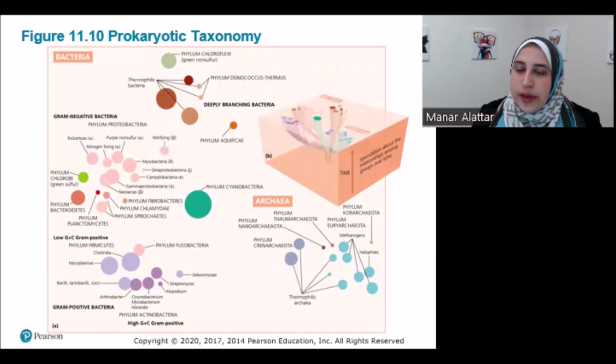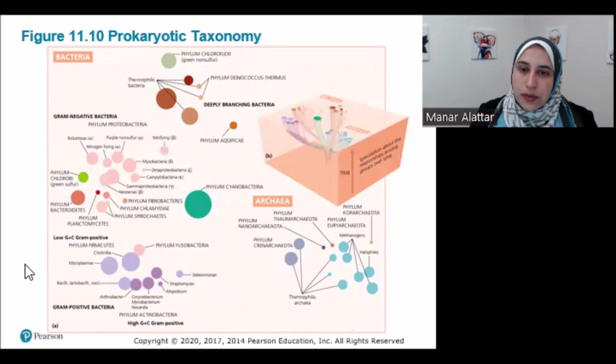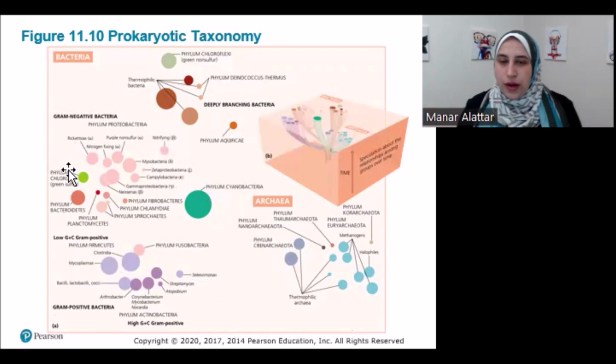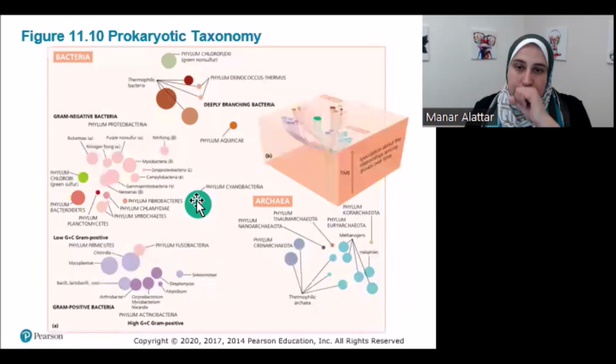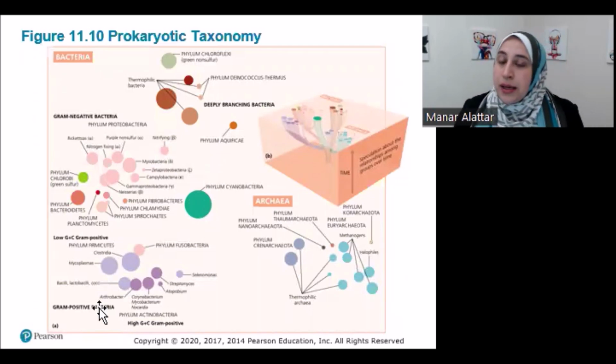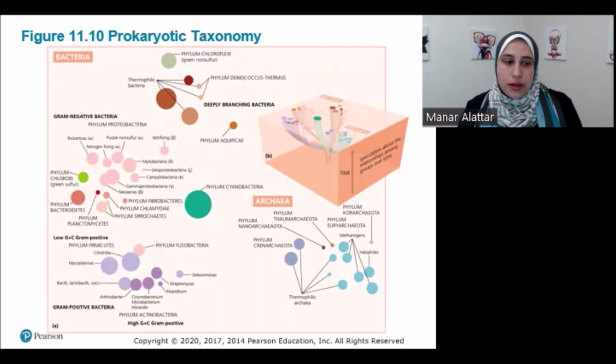We can see based on genetic information that archaea is definitely unique, and then there are multiple different categories of bacteria that are unique and similar to one another. We'll start with our discussion of archaea, and then in part 2, we'll talk about deeply branching bacteria and gram-positive bacteria, and then we'll move into a discussion of gram-negative bacteria in the third part of this lecture.